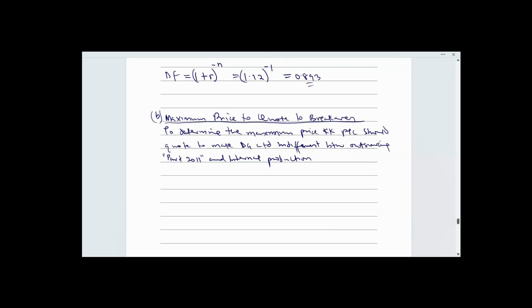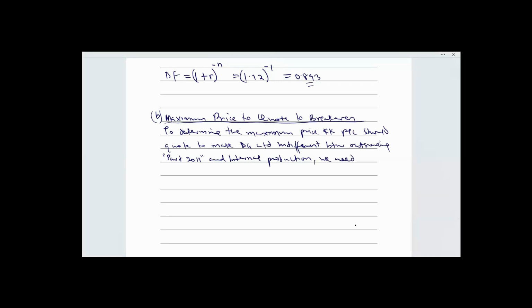We need to determine the sensitivity margin.